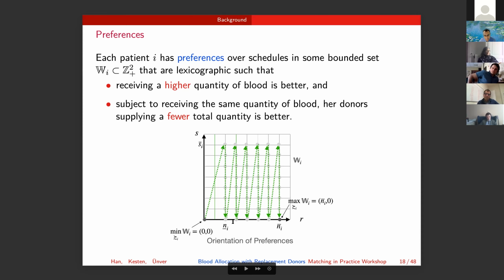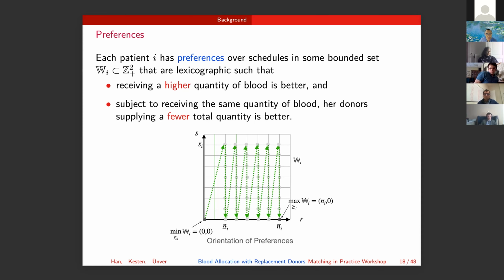Then let's say this is the rectangular set between her minimum demand and maximum demand up to some capital SI upper bar. Then the direction of increasing preferences are given by these green arrows. The maximum point with respect to preferences, the most preferred point being NI upper bar, 0, where the patient receives maximum demand and donates nothing in the end. So this is the orientation of preferences.